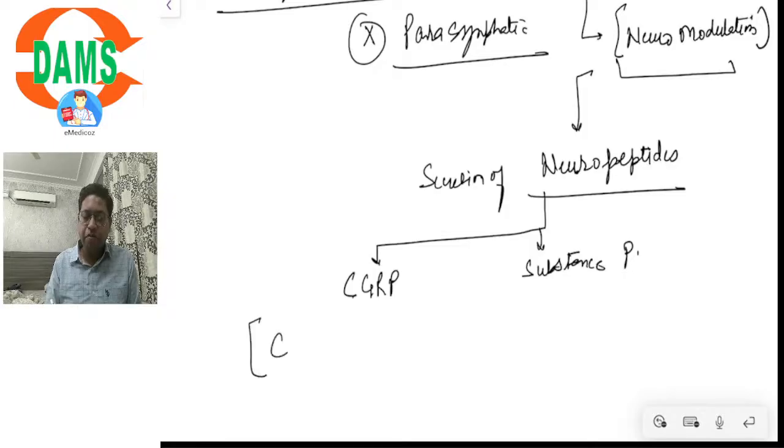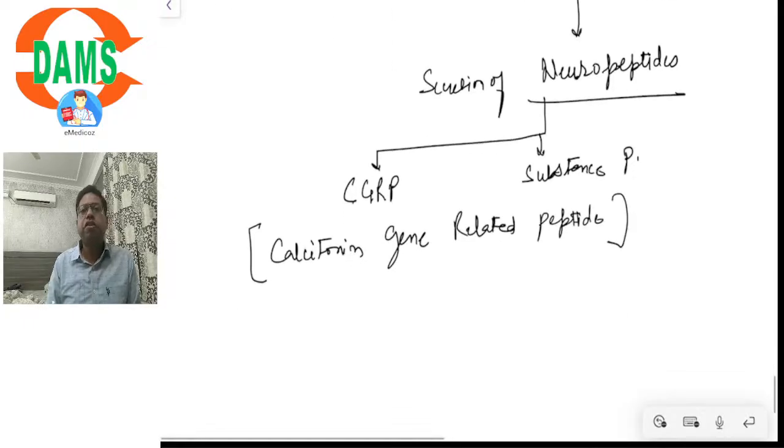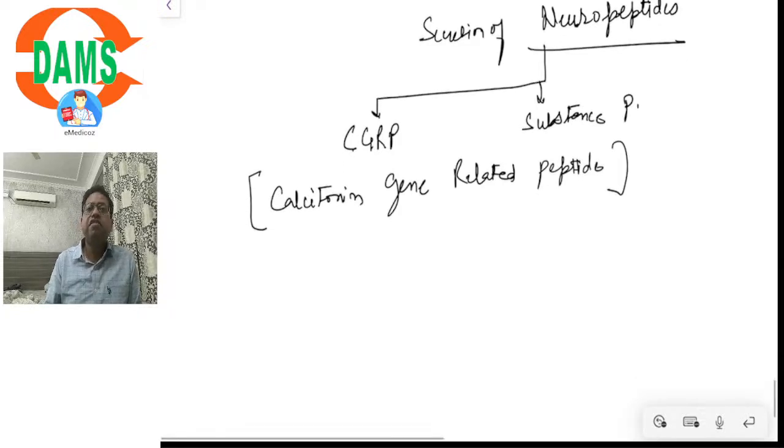CGRP is the calcitonin gene related peptide. So instead of the motor function, the pulpal nerve fibers have the function of neuromodulation by way of these neuropeptides. These are the sensory innervations and the efferent innervations of the dental pulp.